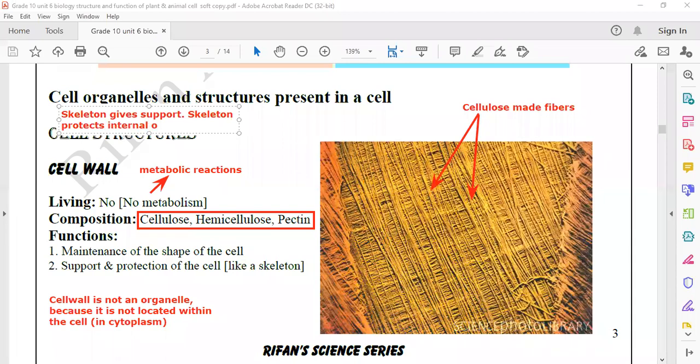I am giving you this point because your examiner has asked it in one past paper question. You belong to that syllabus, no?